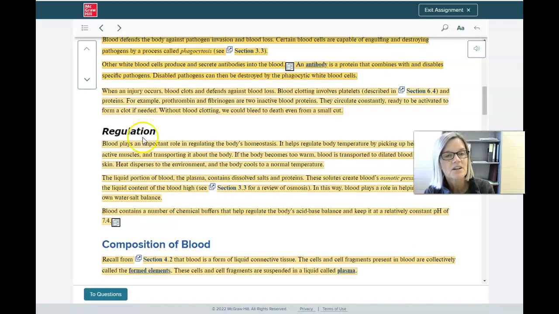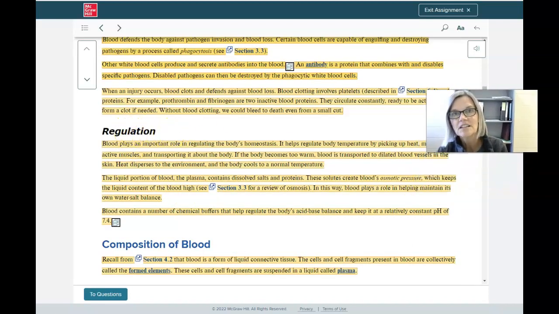The last one on here, as far as functions of blood, is regulation. We've talked a little bit about the concept of homeostasis, that a living organism needs an environment that stays stable, that's consistent, and the blood is critical to helping us regulate the body and maintain homeostasis. So right now it's a little bit chilly out, and my body's warm, but my hands are cold.